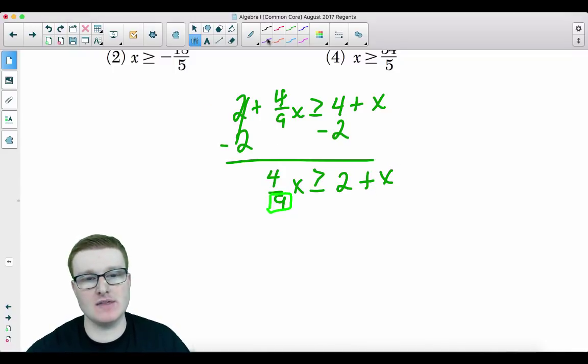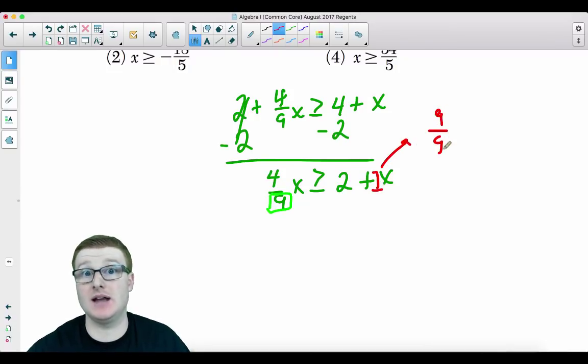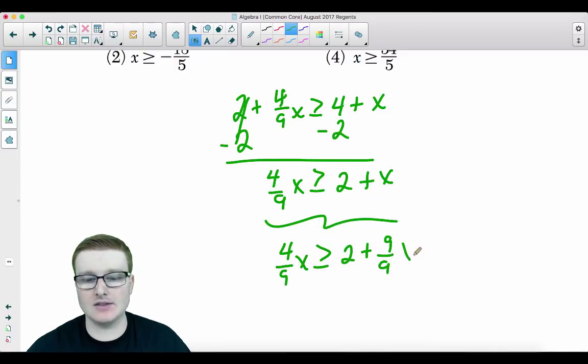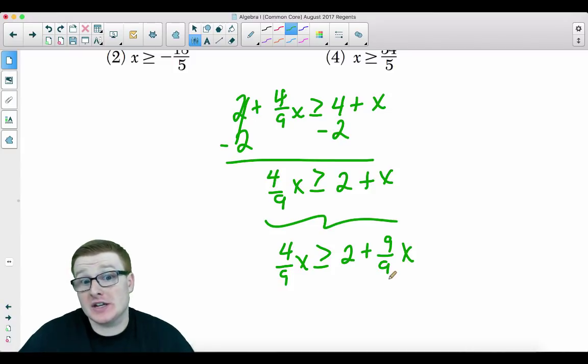Would you agree with me that the number 1 in front of that x could be written as 9/9? 9 divided by 9 is just 1. And what's nice is that the 9/9 has the common denominator with this fraction over here. So you could rewrite this as 4/9 x is greater than or equal to 2 plus 9/9 x. Just a little trick that could help you.